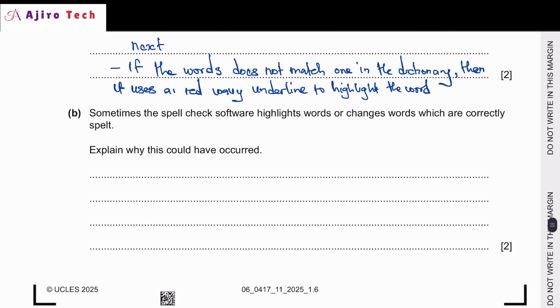Sometimes the spell check software highlights the word or changes the word which are correctly spelled. Explain why this could have occurred. A good example is your name. Aliyah might not be in the dictionary, right?